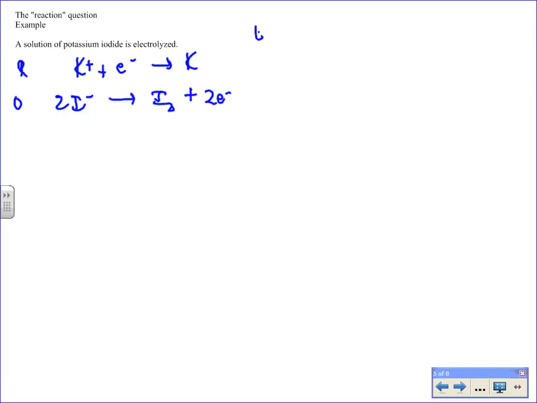Okay, and you want to look at the reduction potentials of these. So the reduction potential for potassium is negative 2.93, and the reduction potential for iodine is positive 0.53.